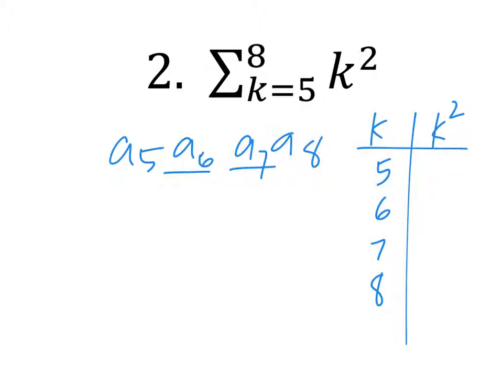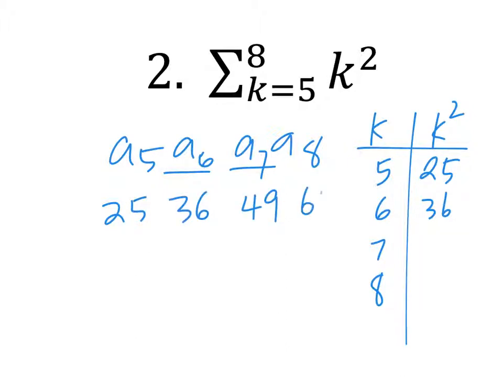So A5 is k squared, which is 25. And then A6 is you square the term number, so it's 36. Okay, so A5 is 25, A6 is 36, A7 is 49, and A8 is 64.